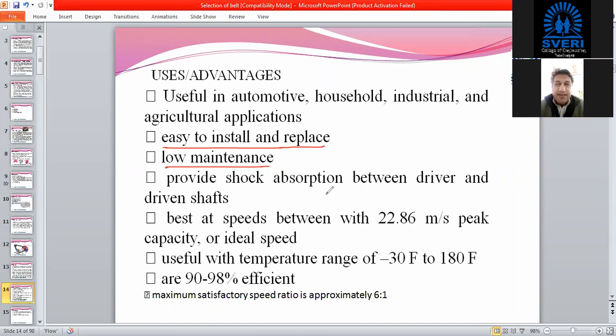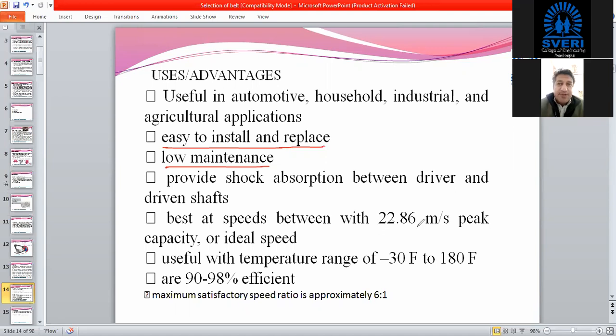In that case, this belt also acts as a shock absorbing device, so that total shocks will not be transmitted to the rest of the transmission system. But if we use gears, then gears do not act as a shock absorber. They transmit those shocks or vibrations as they are to the rest of the transmission system, and hence maintenance will increase.